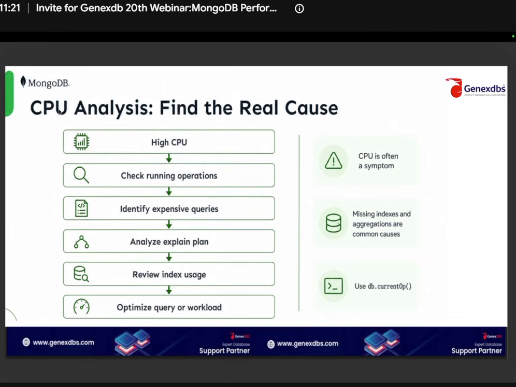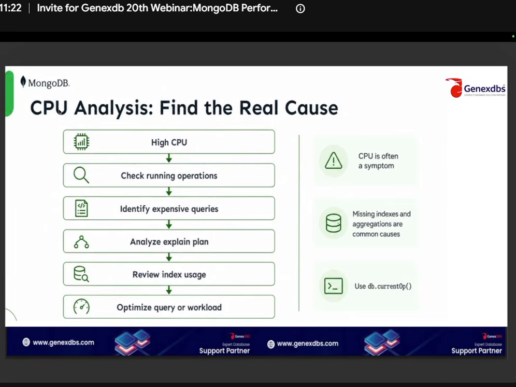Whenever there is high CPU utilization, we DBAs have to check the running operations, identify the expensive queries, and analyze the explain plan to see whether it is performing a collection scan. Then we review index usage, because indexes may be missing, and then optimize the query or workload.